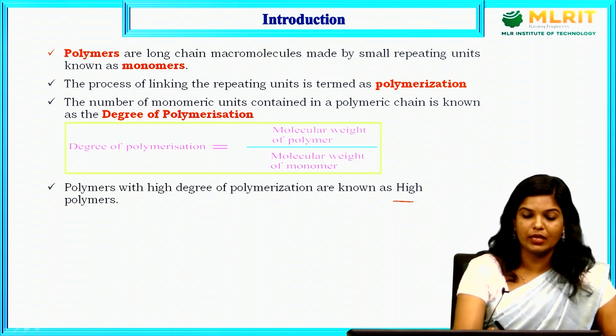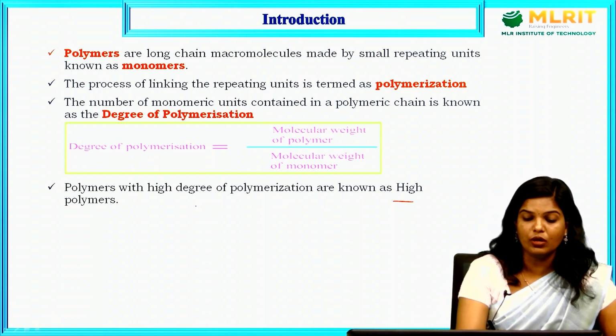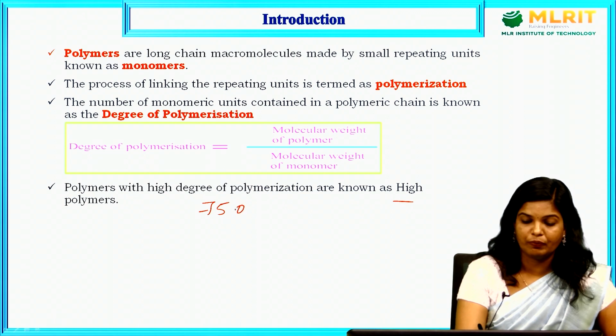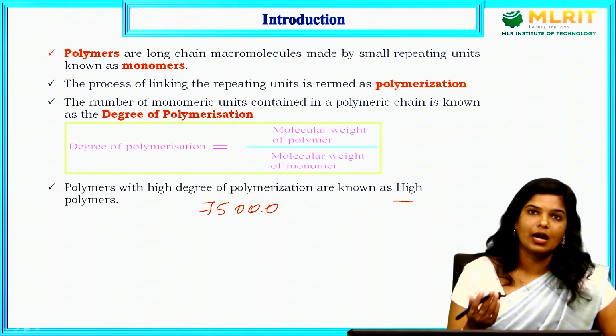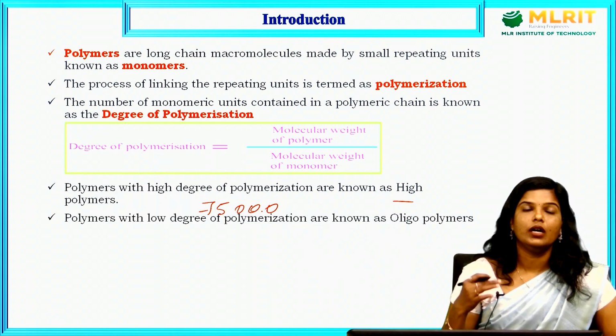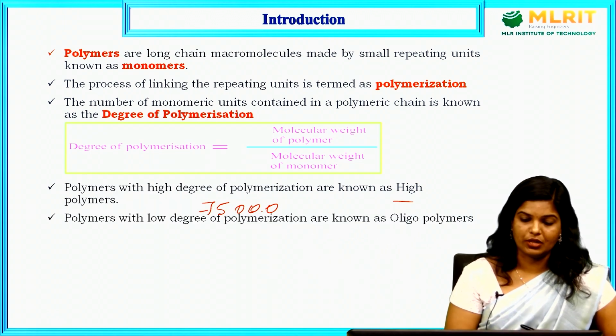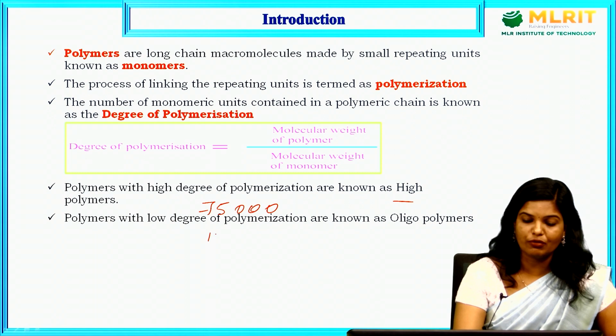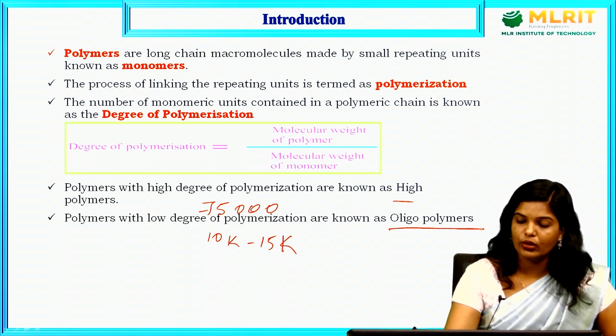For example, when the molecular weight of a polymer is around 75,000, it is known as a high polymer. Whereas when it has a low degree of polymerization, in the range of 10K to 15K, that is known as oligopolymers.